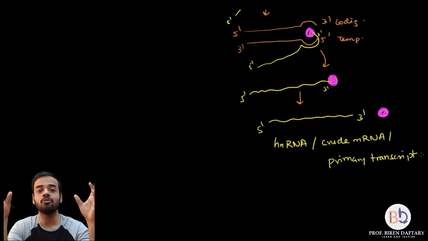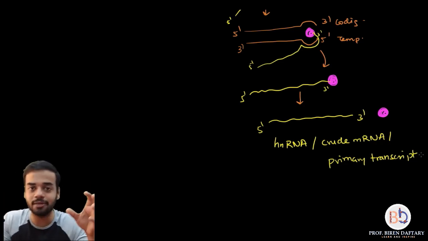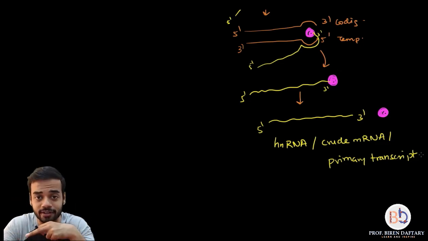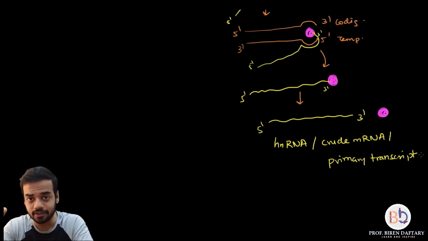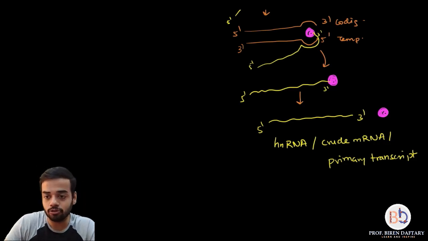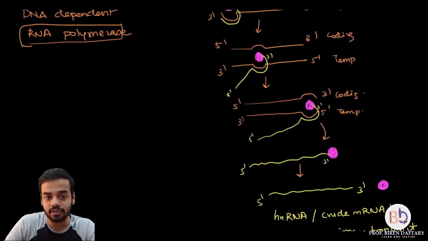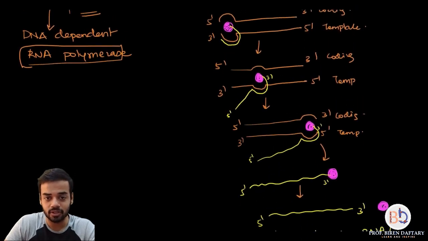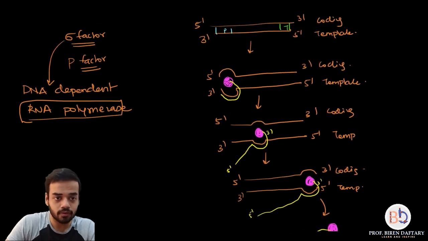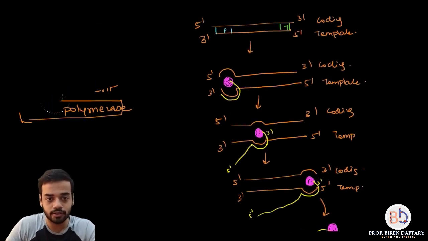Okay, now to make this newly formed mRNA or this heterogeneous RNA or this primary transcript purified, there are 3 steps that we have to follow, and those 3 steps are also called as post transcriptional analysis. Okay, so what we are going to do over here is, I am going to rub this off.